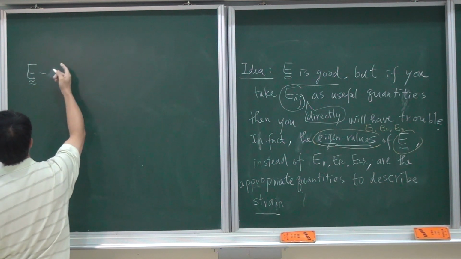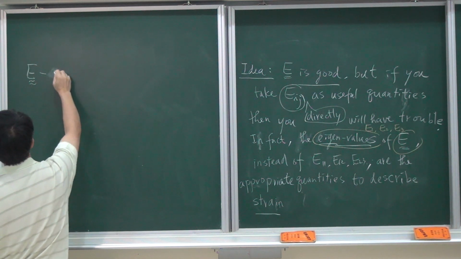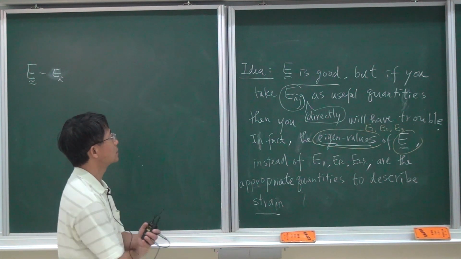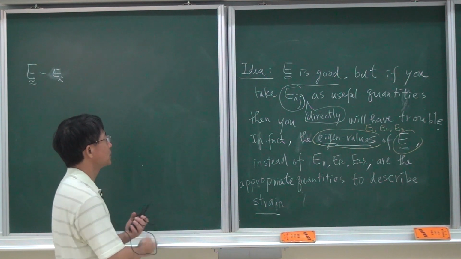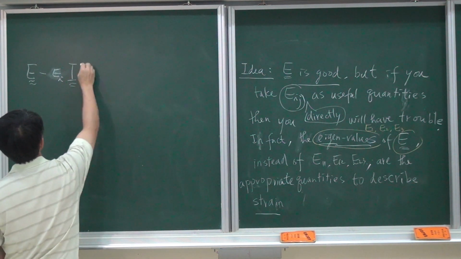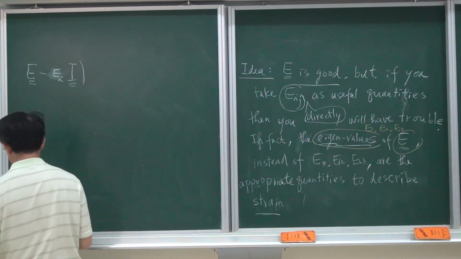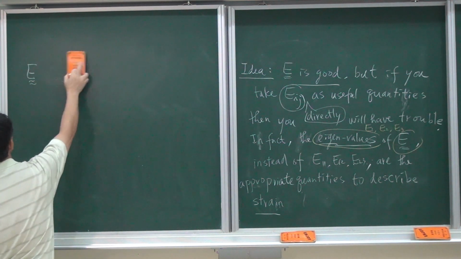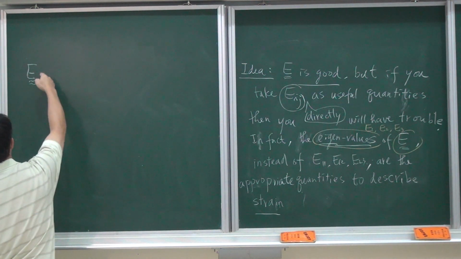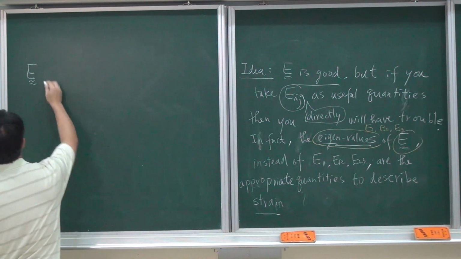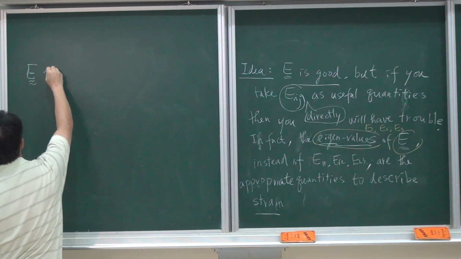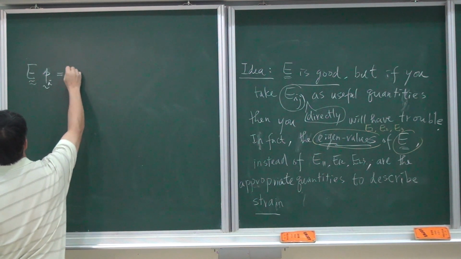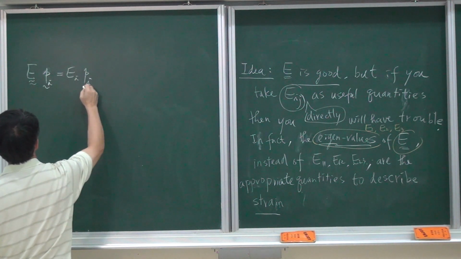Not lambda now, Ei, Ei. And this is the principal direction, the eigenvector, principal directions.